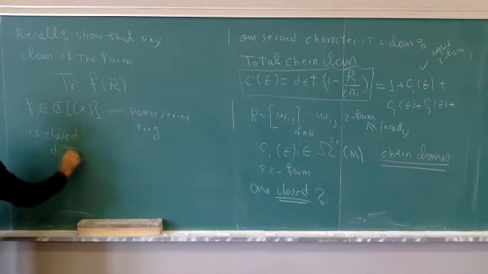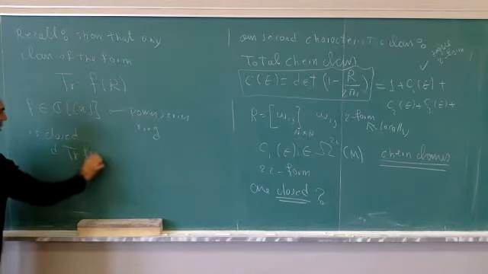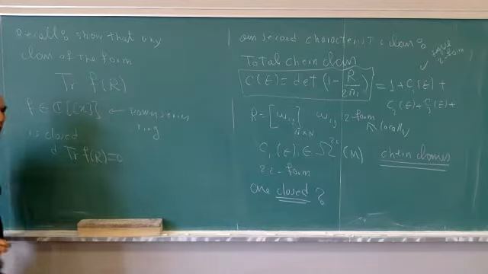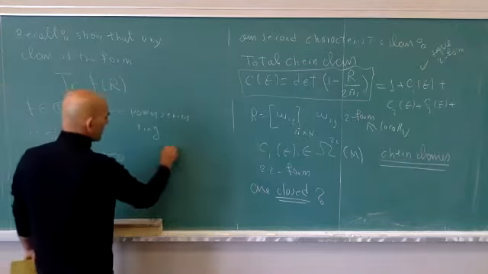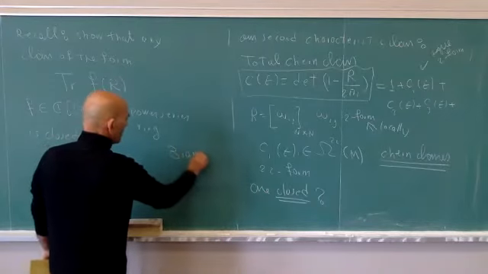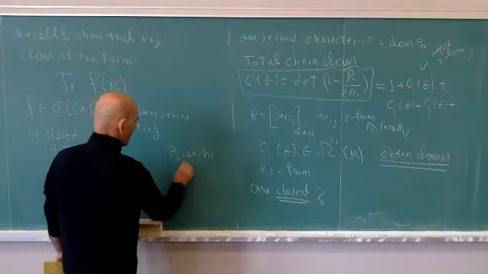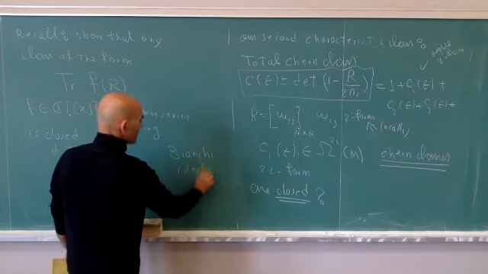D of trace of f of R is equal to 0. Remember, this was a consequence of the Bianchi identity, from last lecture.